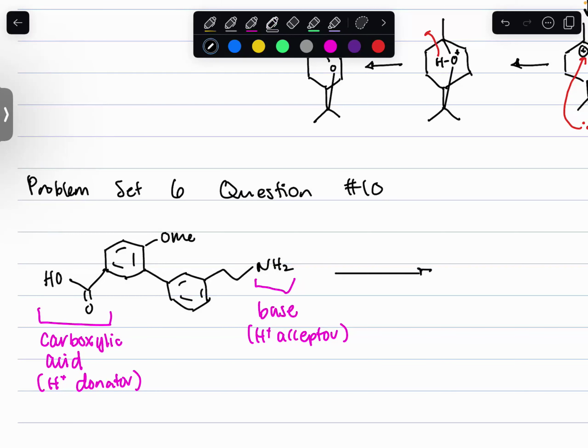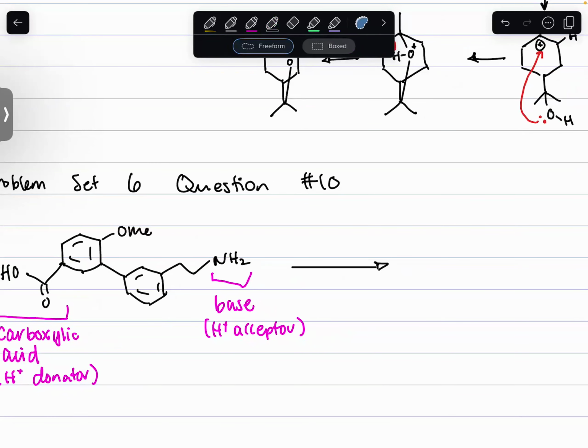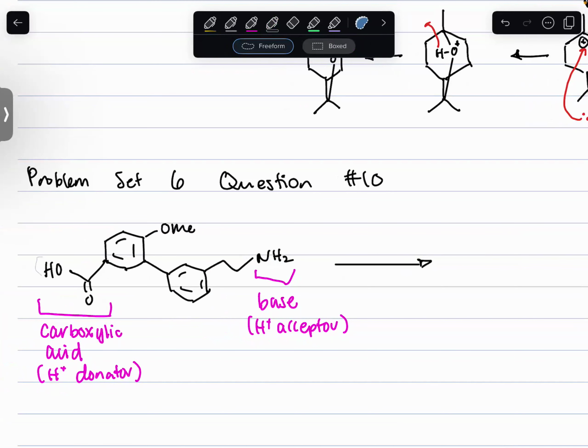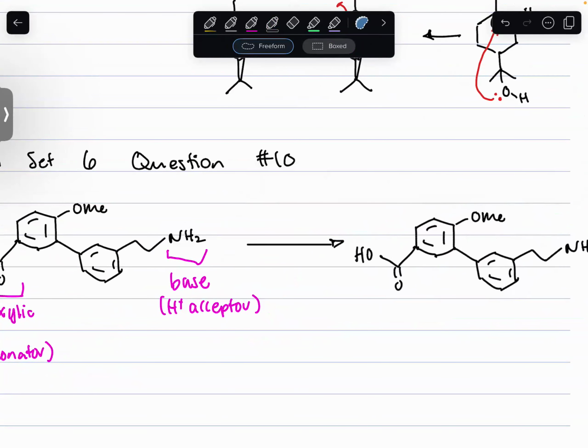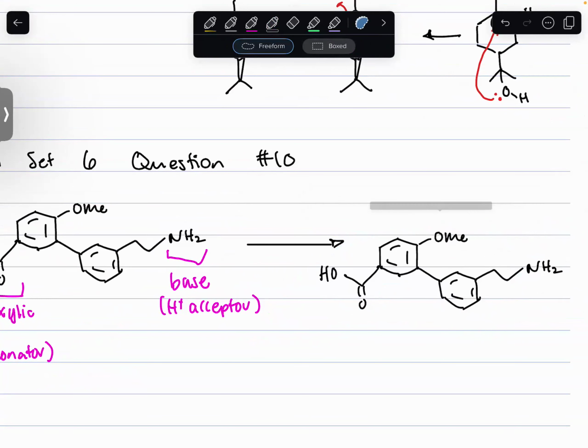So we are going to deprotonate our carboxylic acid. So this becomes O minus, and we're going to protonate our amine. So that becomes NH3 plus.